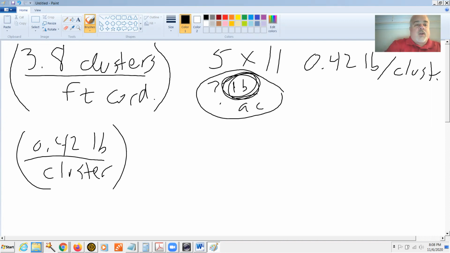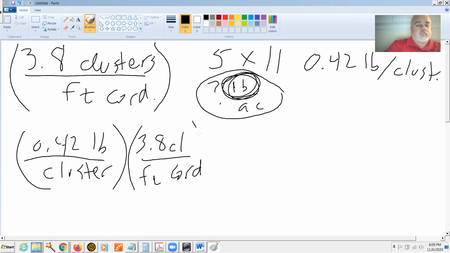I know that I have 3.8 clusters per foot of cordon. Clusters cancel. And I'm left with pounds per foot of cordon.